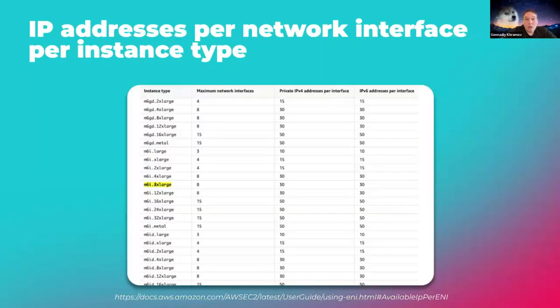So, for example, we are using a large node like M6i.8xlarge, and it can have up to 8 ENIs, with each ENI having up to 30 IP addresses. And we can count how many pods we can run on one node, depending on its size, using the next formula.